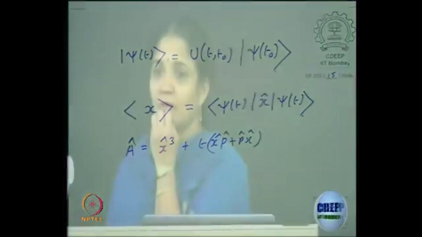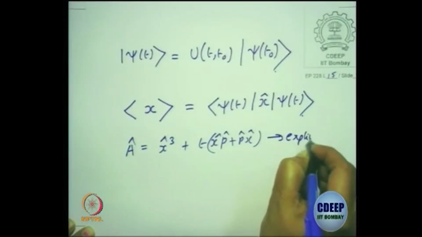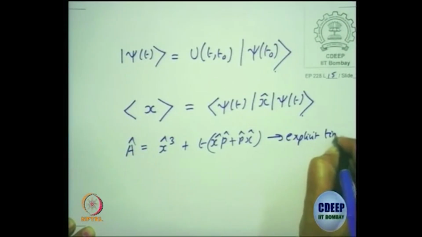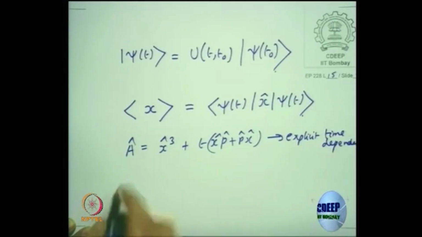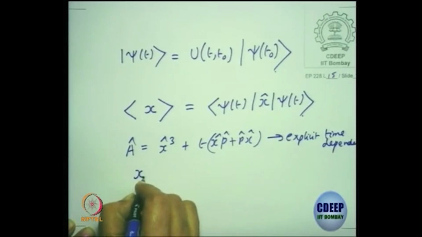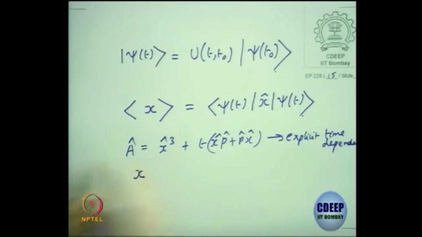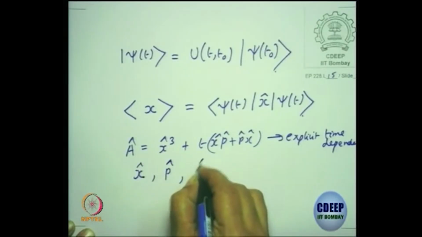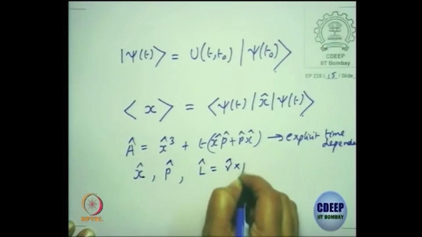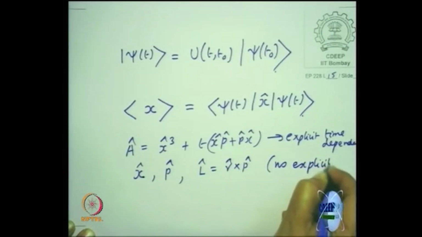This is Hermitian. So this has an explicit time dependence. We are not looking at such operators. When I say x, x does not have explicit time dependence. P, angular momentum L, which is r cross p, no explicit time dependence.